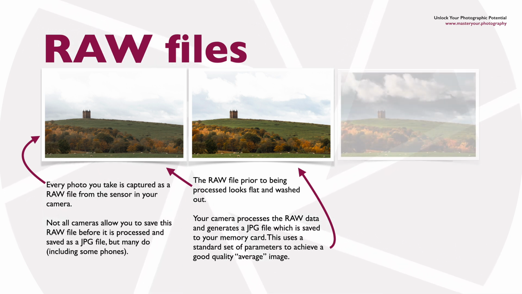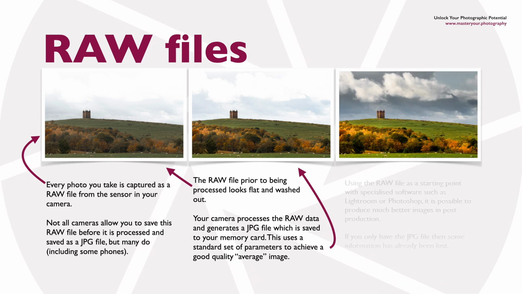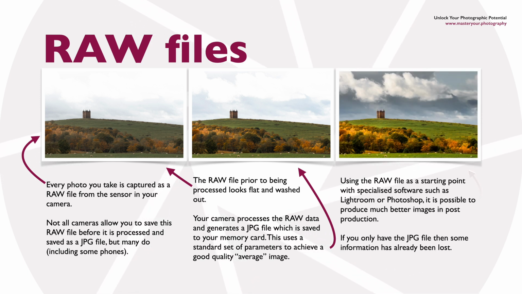The downside of letting your camera do this processing and generating a JPEG file for you is that it has to be done fairly quickly every time you take a photo, and in doing so, by producing that JPEG file, some of the data from the raw file is actually thrown away.